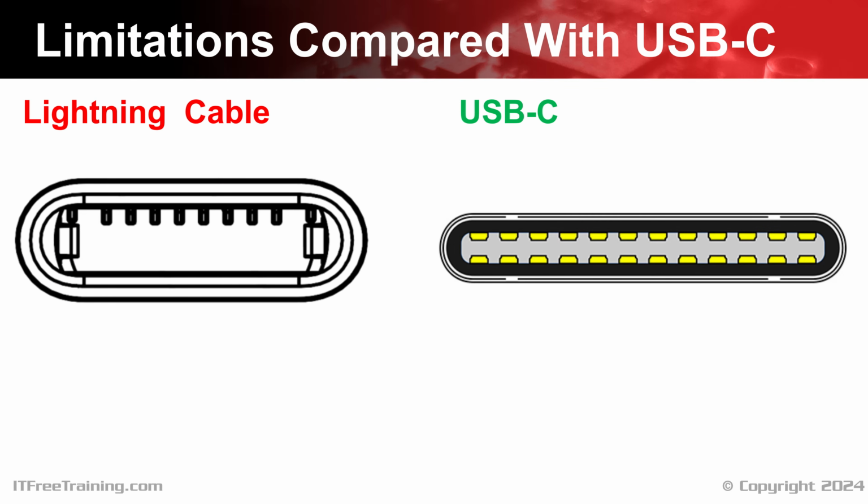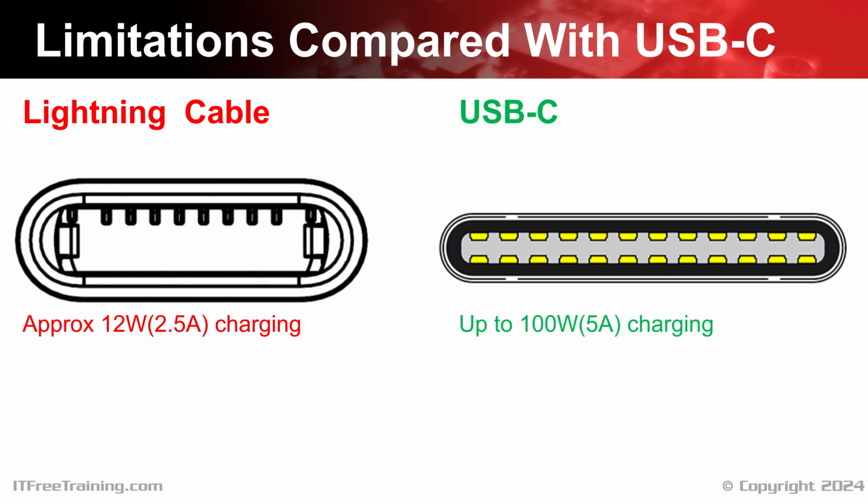As Apple has not released an official specification for the Lightning cable, we can only approximate certain details based on reverse engineering techniques. The Lightning cable can deliver approximately 12 watts of power at a maximum of 2.5 amps. In contrast, USB-C can deliver up to 100 watts of power at a maximum of 5 amps. In order to get higher amps, you need to increase the voltage.